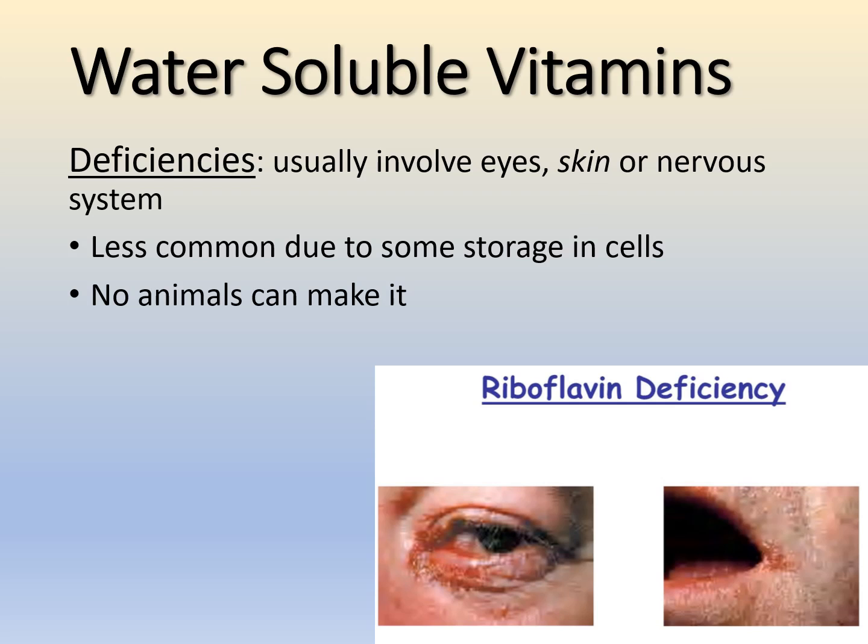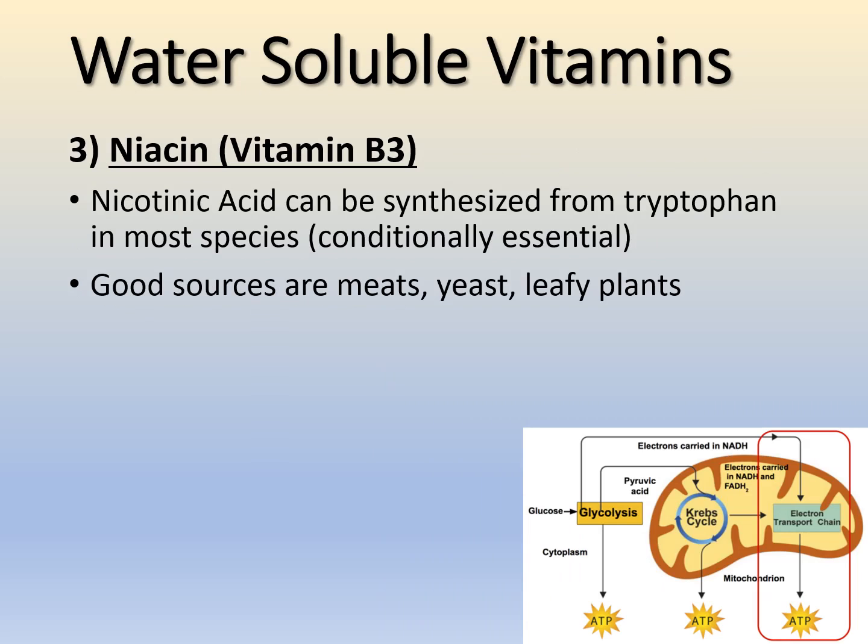If it's damaged by sunlight, we do see some deficiencies. Usually it has to do with skin. You can see some dermatitis, some scaling around the mouth and eyes, and you can see some nervous system deficiency as well.